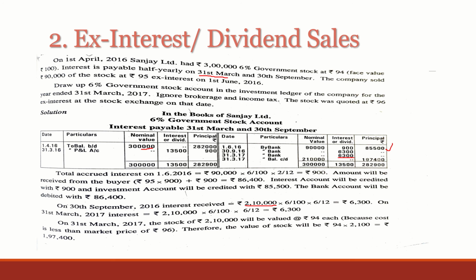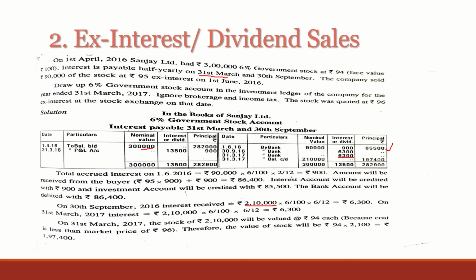Then we have now discussed the accrued interest calculation. So total accrued interest on 1st June 2016 is 90,000 into 6 by 100 into 2 by 12. So 90,000 is the nominal value, 6 by 100 is the rate of interest, and 2 by 12 is the number of months between those two dates. So the result is 900 rupees.